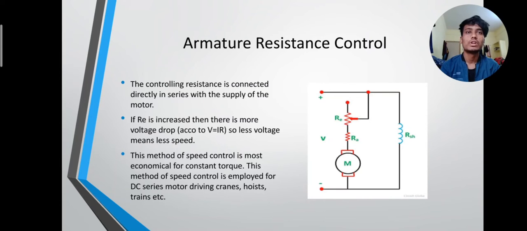The field is directly connected across the supply, and therefore the flux phi is not affected by the variation of RE. When we vary the resistance RE, it affects the armature current, which causes a voltage drop across the resistance, and the speed is reduced. So with the variable resistance RE, we can control the speed of a DC motor below its rated speed.